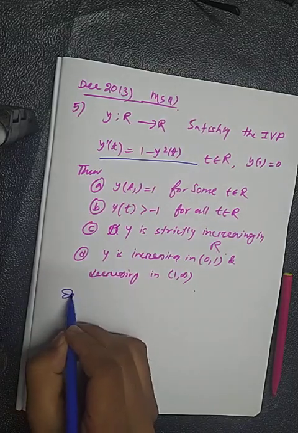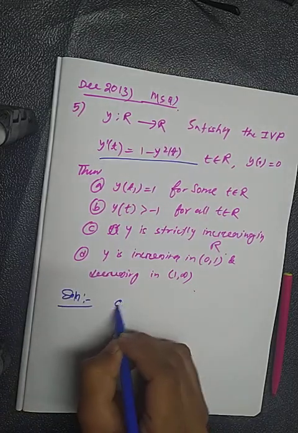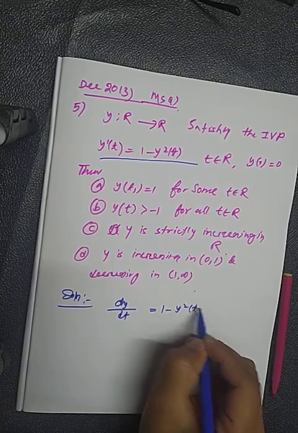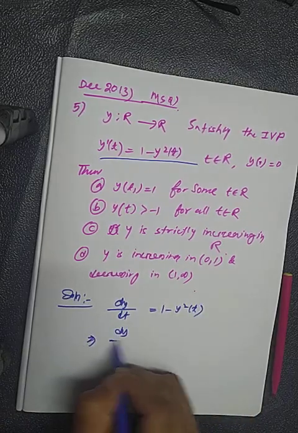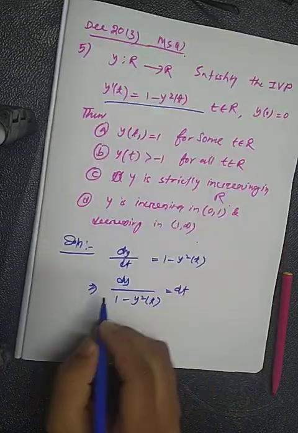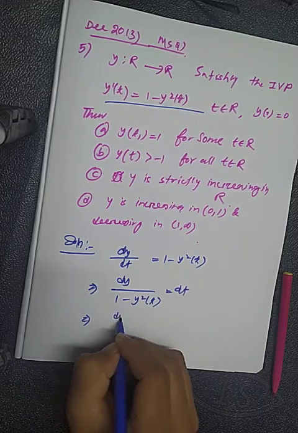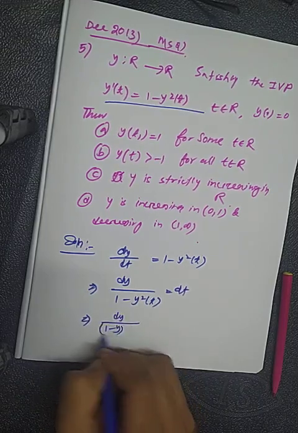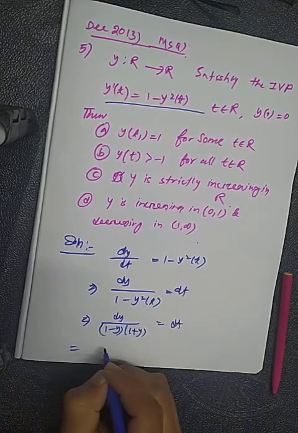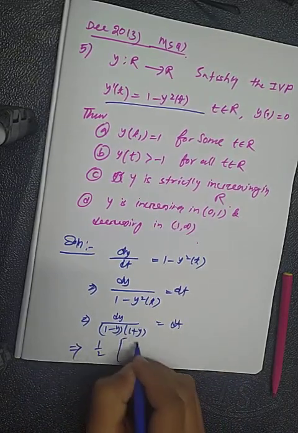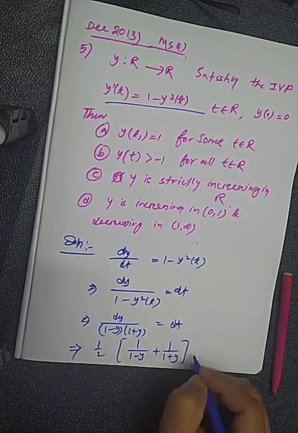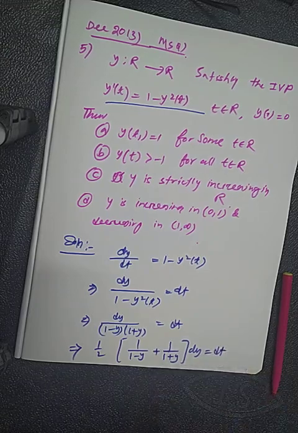So the solution will be: dy by dt is equal to 1 minus y squared. This implies dy by 1 minus y squared is equal to dt. So dy by 1 minus y into 1 plus y is equal to dt. This implies half of 1 minus y plus 1 plus y, dy, is equal to dt.